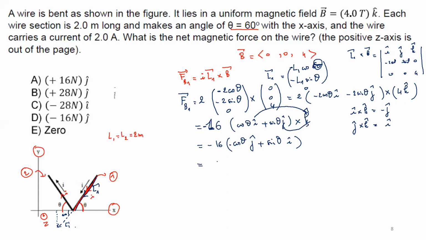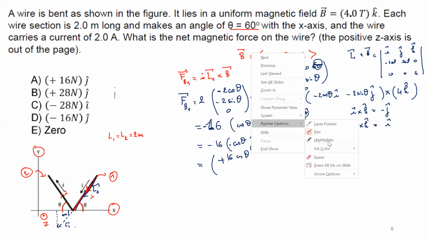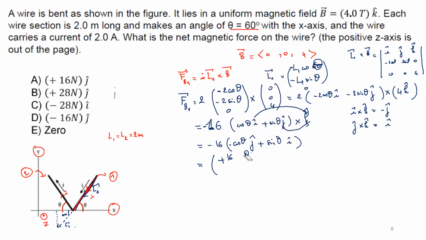So now I have this, plus 16 cosine theta along J hat. Sorry, you have to be careful. I'm looking along I hat.